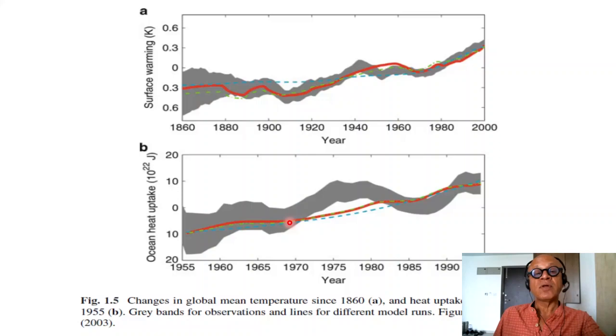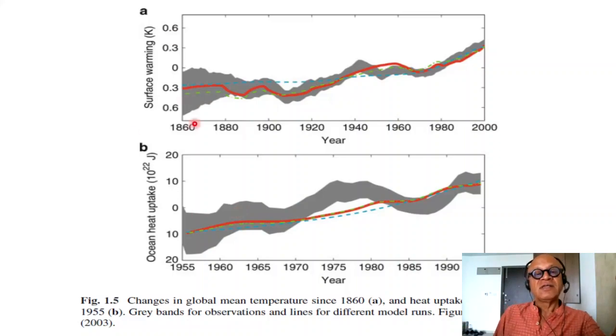So data can have problems, especially when you go back in the past and systems change. Before, the ship would drop a bucket, take the water on board and measure temperature, for example. That would result in loss of heat along the way and so on, whereas now you can drop instruments into the water and measure temperatures directly, which are going to be much more accurate.